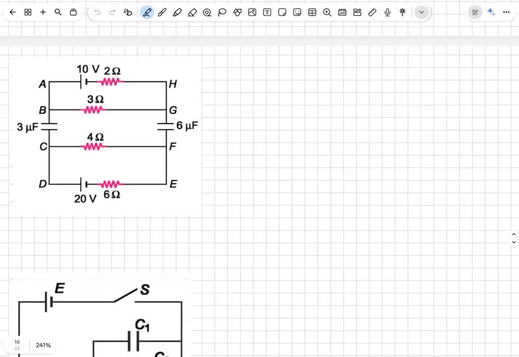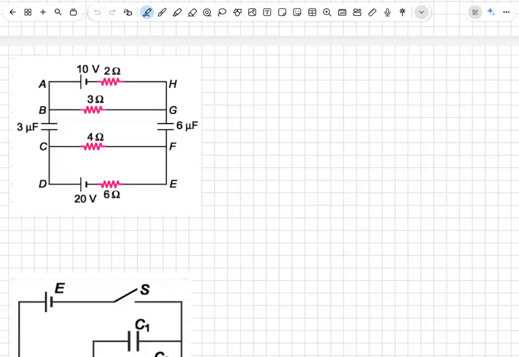Now, how to handle the circuits with multiple branches? I repeat, multiple branches. This is the area of our interest today, right? So very clearly, you can understand what they will ask in such questions.